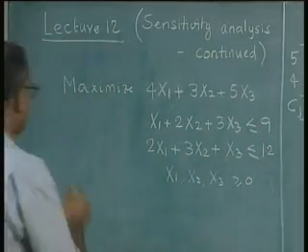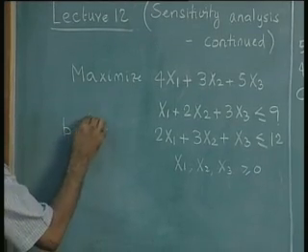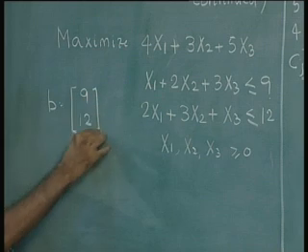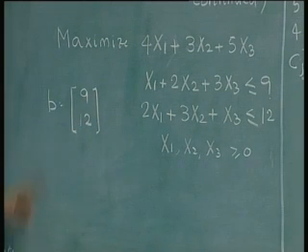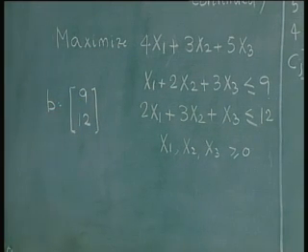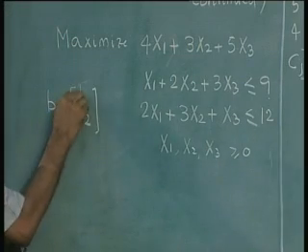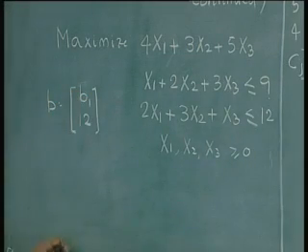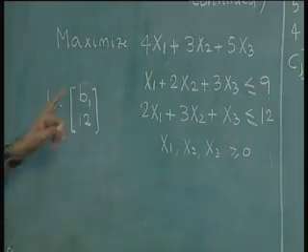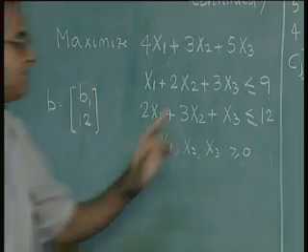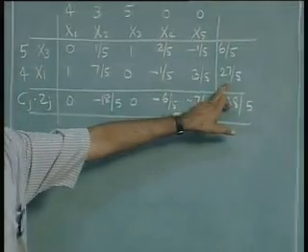Now the right hand side vector is given by b equal to 9, 12. We now assume that this 9 is going to change to some value and therefore we start with b1 here and 12. Now if this 9 becomes b1, then the effect of this change will only be seen in the right hand side values.